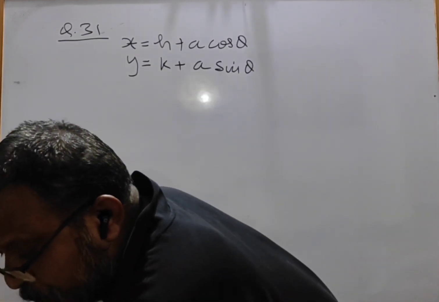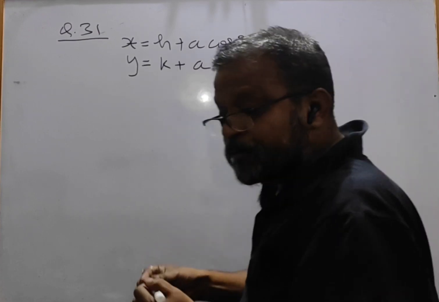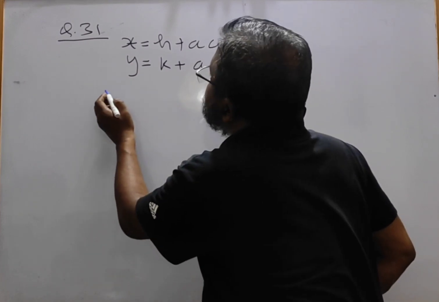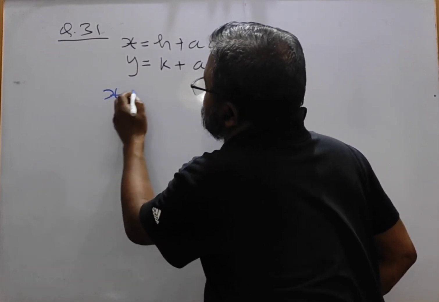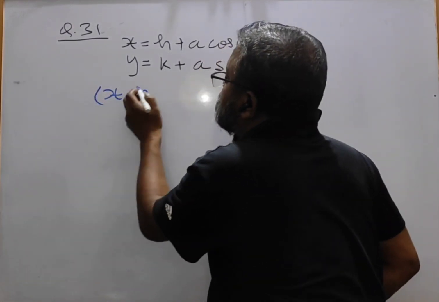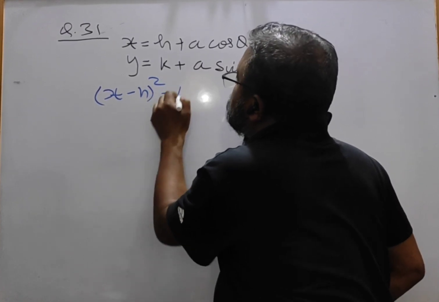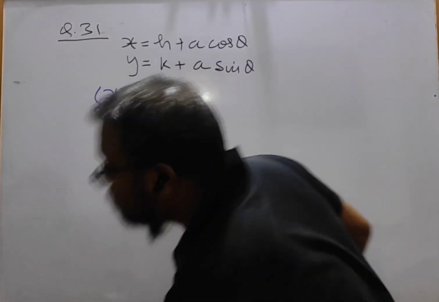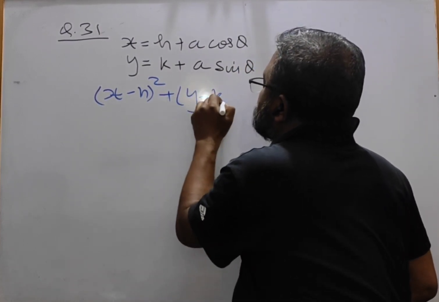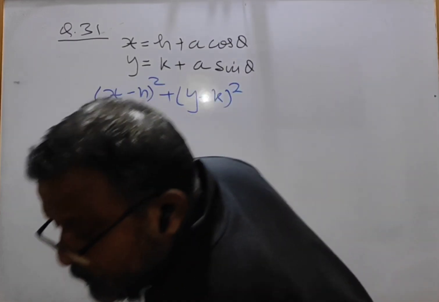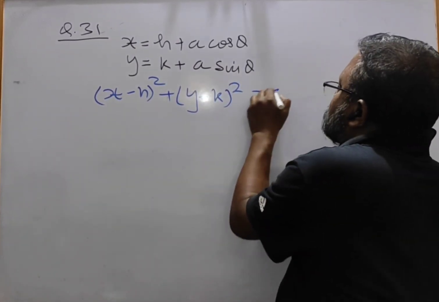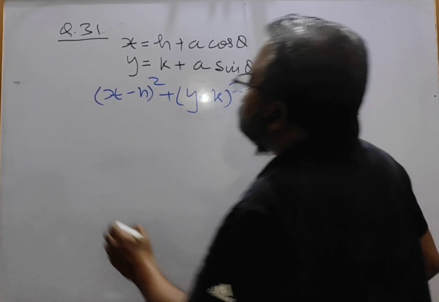So you have to prove that (x minus h) whole square plus (y minus k) whole square is equal to a square. This is to prove.